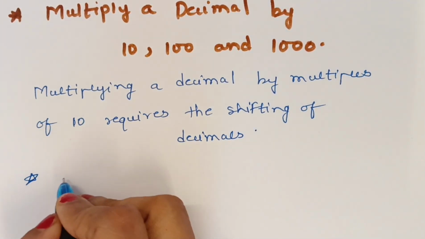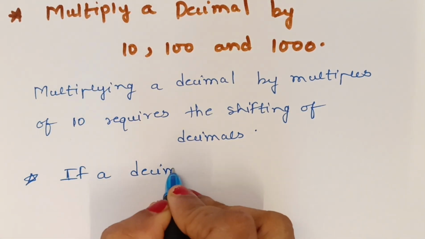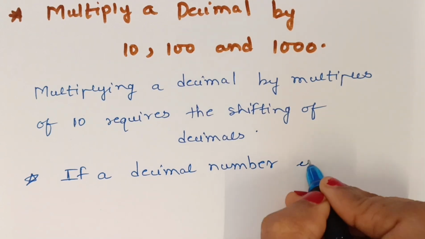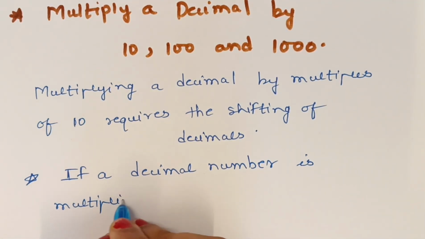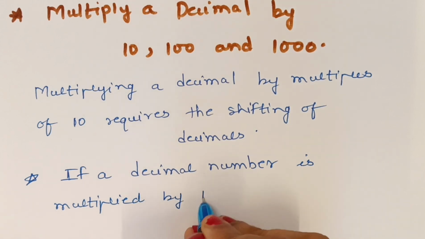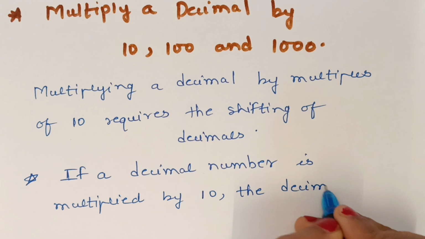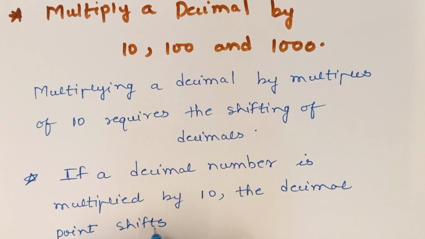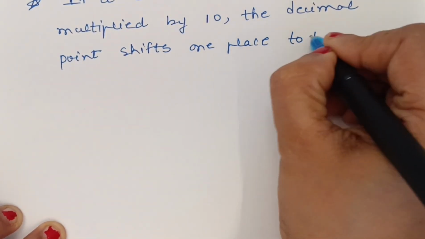First one, if a decimal number is multiplied by 10, then the decimal point shifts one place to the right.